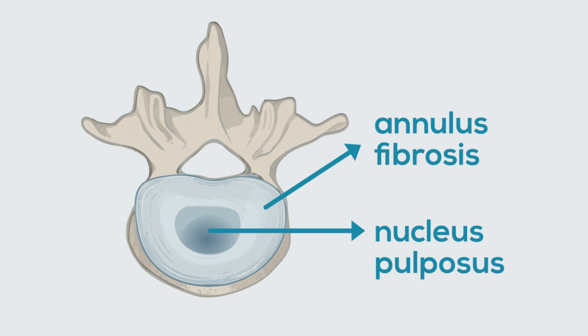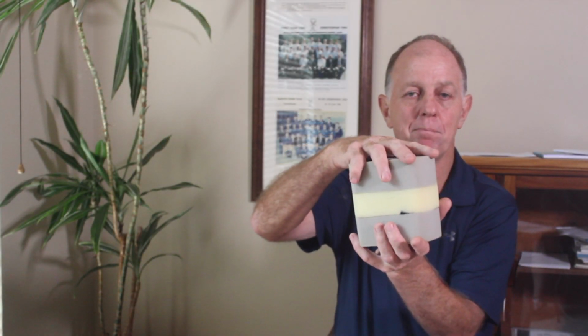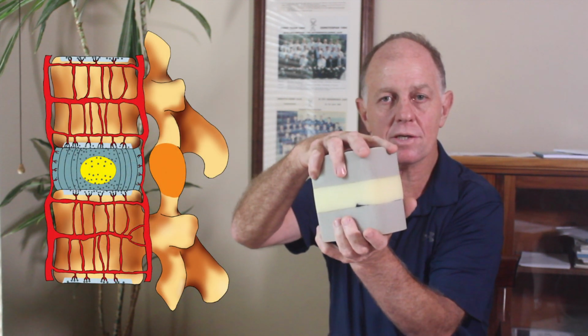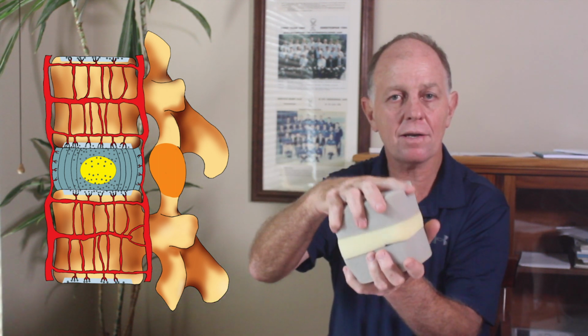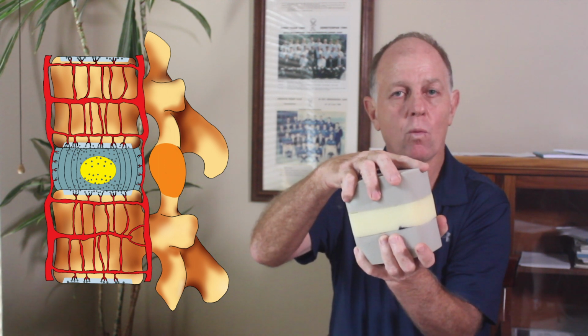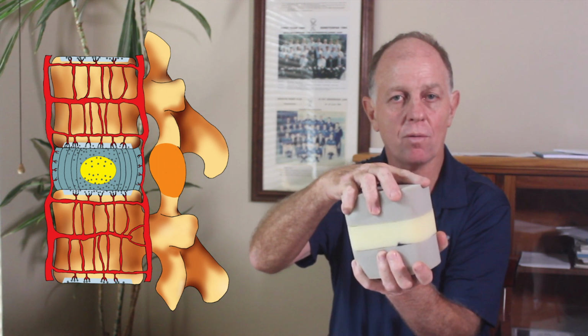Nucleus pulposus is a gel-like substance made mainly from water. Nutrition for the disc is by a pump mechanism or osmosis. As the disc compresses, waste products and water are pushed out, and as it expands, water and nutrients are reabsorbed.